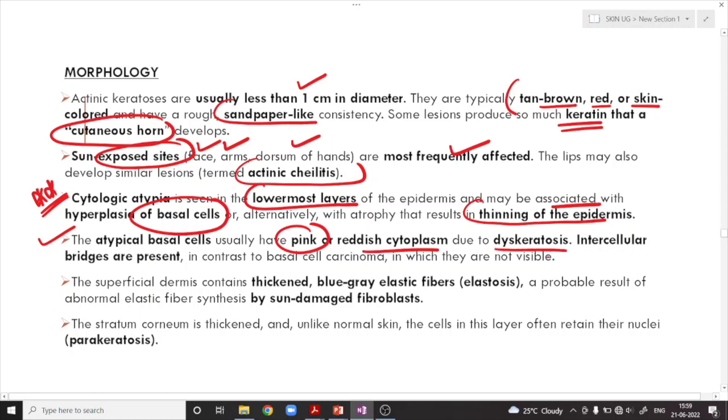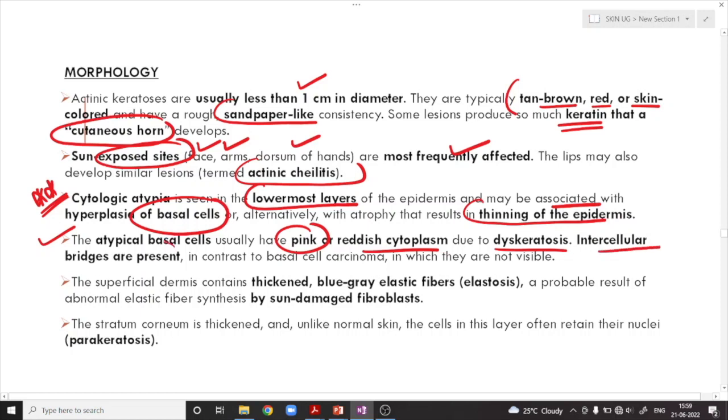You have to understand that keratinization normally takes place in the superficial areas above the stratum granulosum, the granular cell layer. If you see it below that layer, then it is called dyskeratosis, as we have already mentioned in the previous lecture.